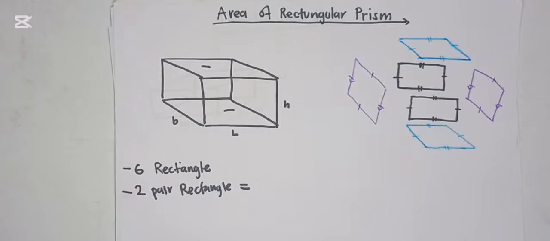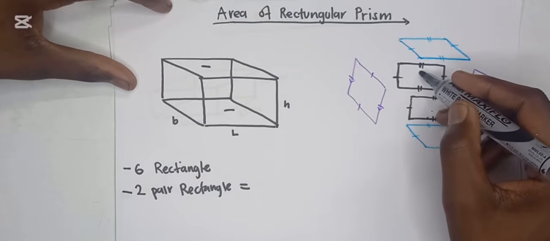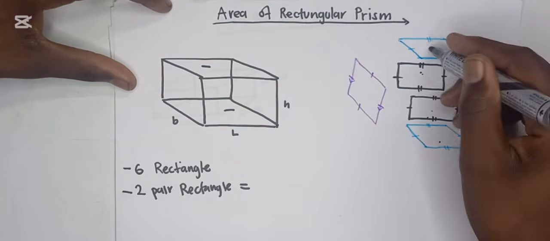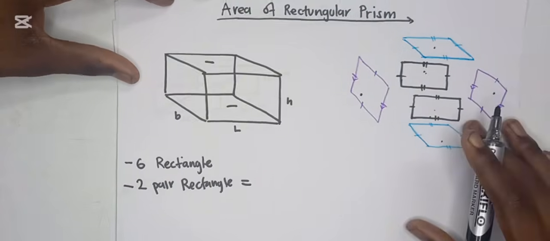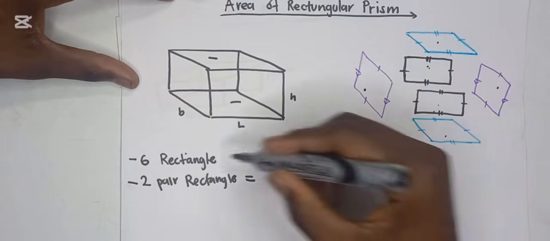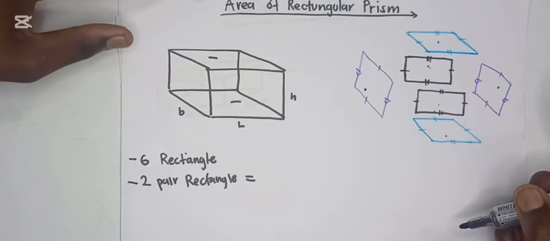What I want you to understand is that these two black ones are equal in length and in everything. The other pair is equal, and this pair is also equal. That's what I mean when I say there are two pairs of rectangles that are equal out of those six rectangles that form a rectangular prism.